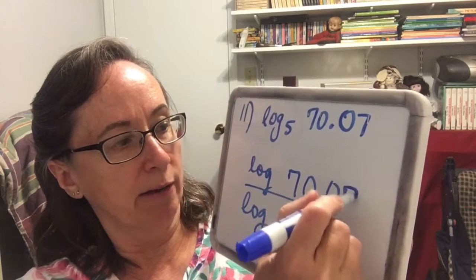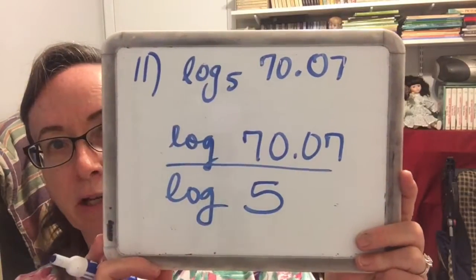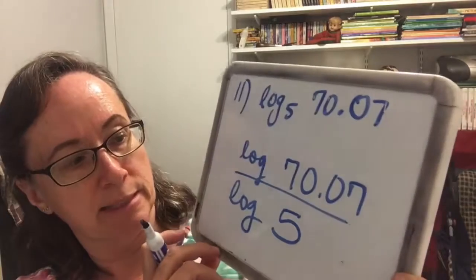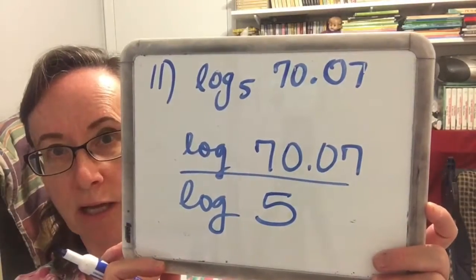So in our calculator, we're just going to do the log of 70.07 divided by the log of 5. So I'm going to put those on my calculator here. So I'm going to do log of 70.07, and I'm going to divide it by the log of 5.